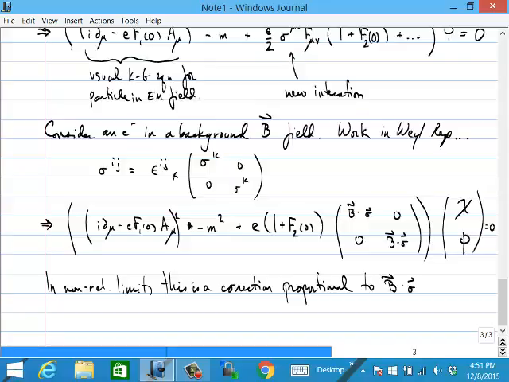You would call it a magnetic moment. So what does this mean? The B dot sigma term describes the interaction of a particle with a magnetic moment.